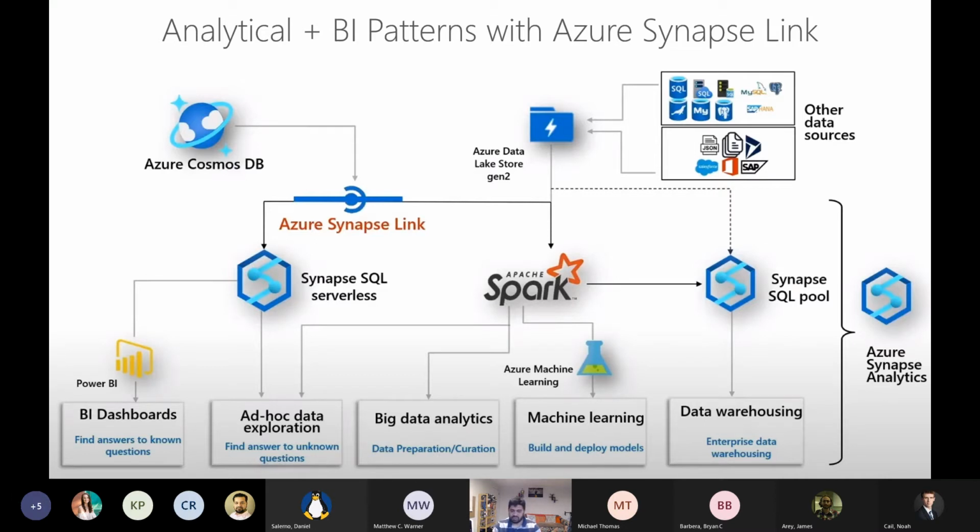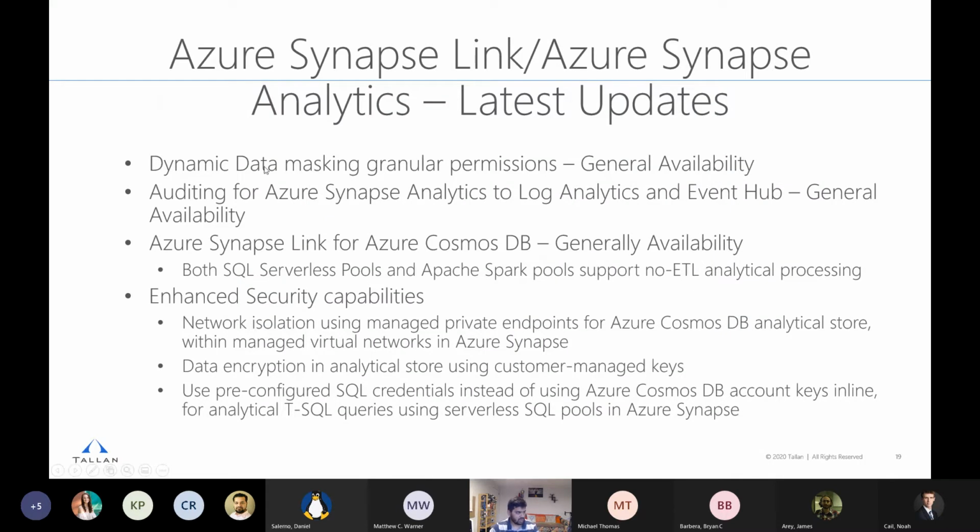Before jumping right into the demo, I wanted to talk for a quick 2 minutes about some of the updates that we have seen in Synapse Link and Synapse Analytics. These features are more related to Synapse Analytics actually. There is something called dynamic data masking that was there, but you can do it much more granularly now.